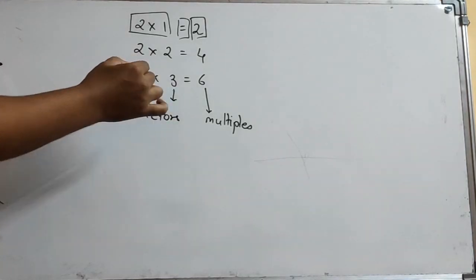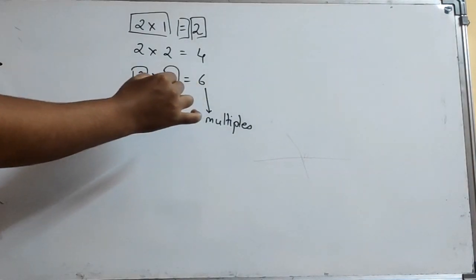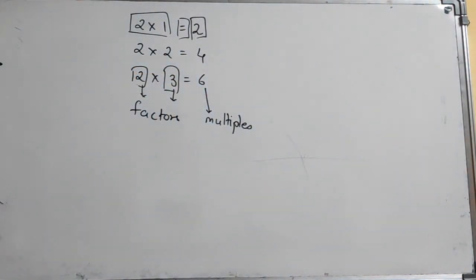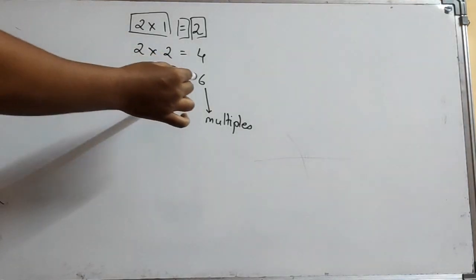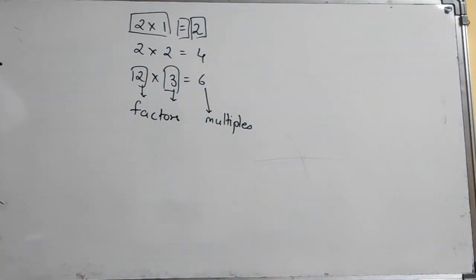It means numbers 2 and 3 will divide 6 completely. Dividing a number completely means that when you divide this number with either of these numbers, the remainder you get will be 0. Understood what are factors? Factors of a number are those numbers which are exact divisors of that number.